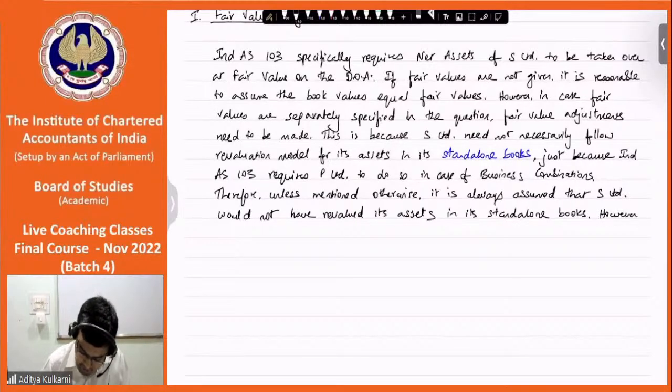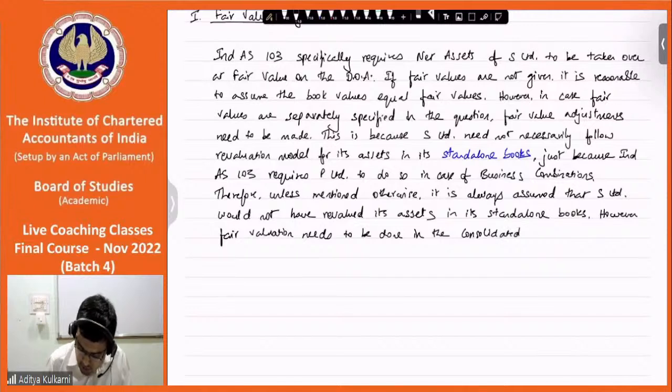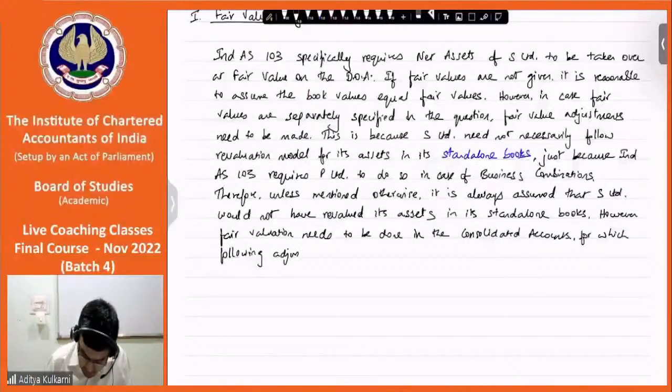However, fair valuation needs to be done in the consolidated accounts, for which following adjustments become necessary.